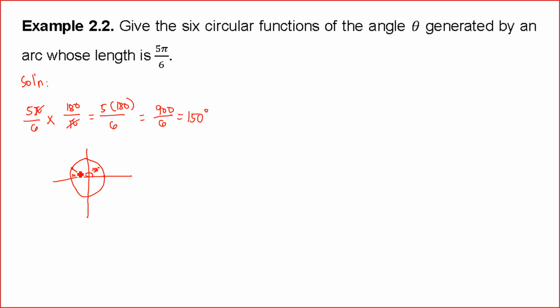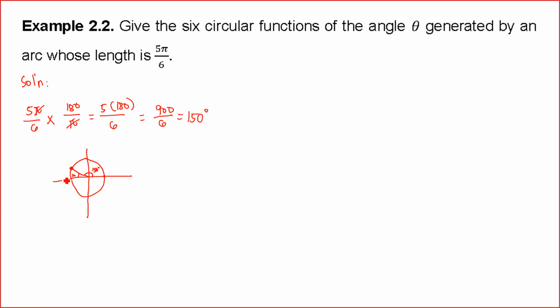So since this would be the point, from the previous discussion that we had, we can determine the coordinates of this given point. Remember that this point has the nature of negative, positive.